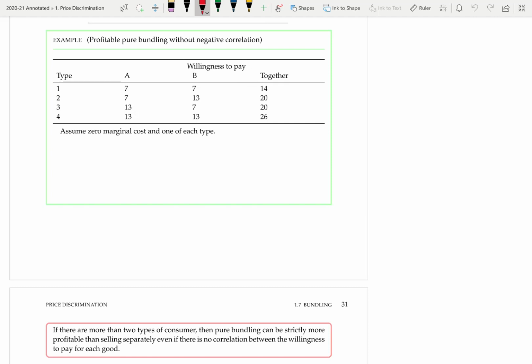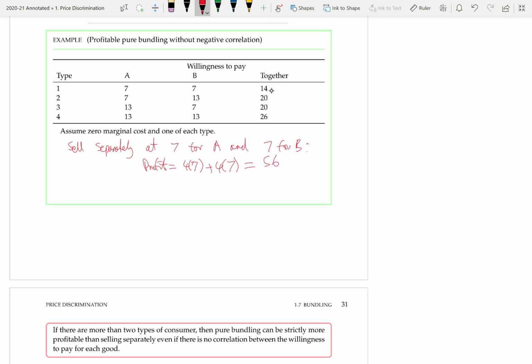So the best option here is to price at 7 and sell 4 units of A. And the same is true for B. And the profit they'll get overall is 4 times 7 for A plus 4 times 7 for B, which is 56.